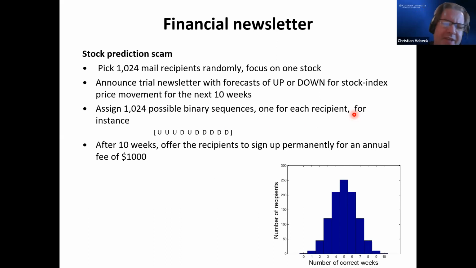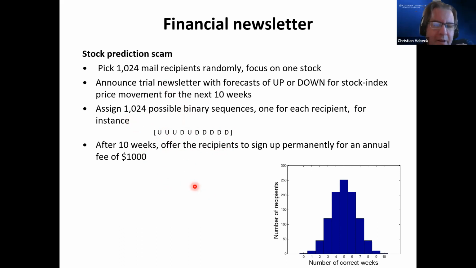And here's another example, right? In this case, it's pretty clear. Imagine you have the stock prediction scam. You take a particular stock or the Dow Jones or some index, and you predict 10 weeks out, and you have an up-down prediction. Okay. And you can generate all the sequences of ups and downs. You have 1,024 possible binary sequences, right?